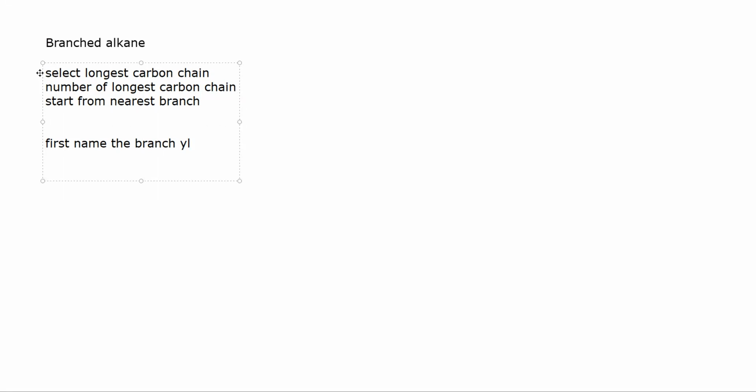Then the position, first the position of the branch. Then name the branch. The branch should have YL and then the chain. And the chain should have A and E.